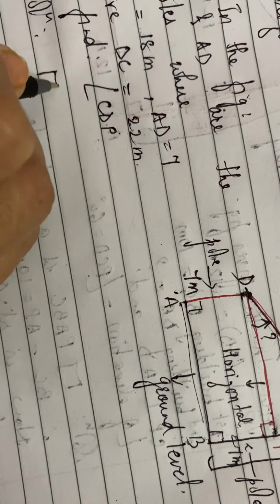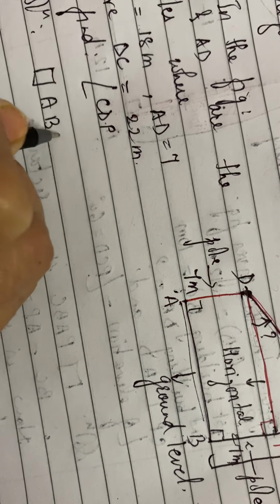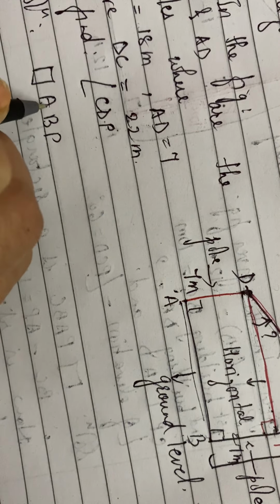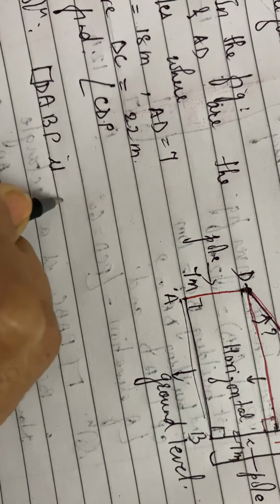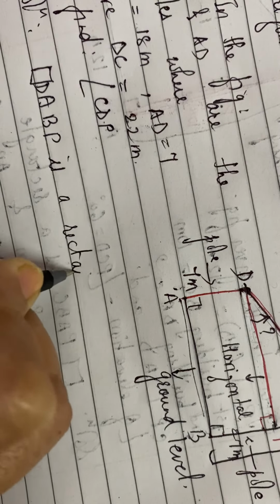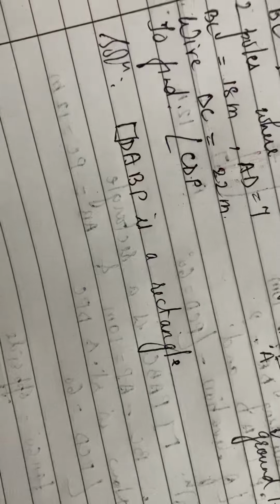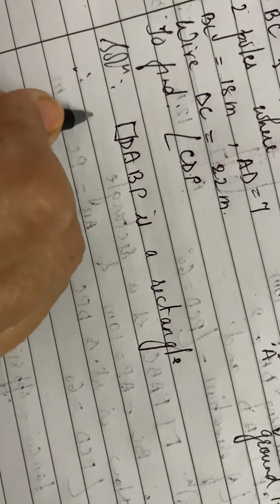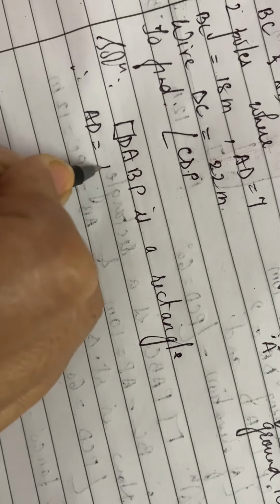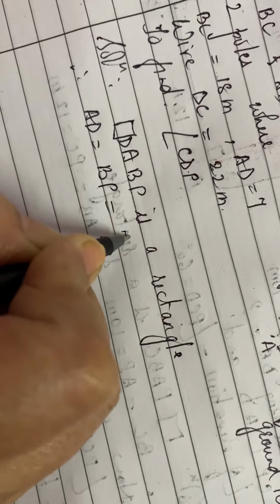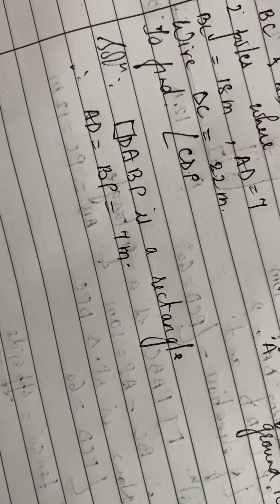So quadrilateral DABP is a rectangle. Therefore, AD is equal to BP is equal to 7 meter.